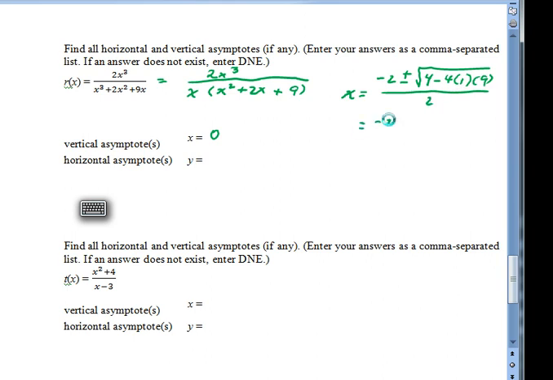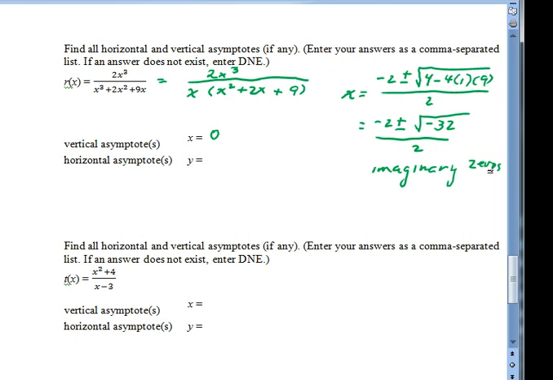It's going to give us negative 2 plus or minus the square root of 4 minus 36, which is negative 32, all over 2. These are imaginary zeros and do not yield any additional vertical asymptotes.